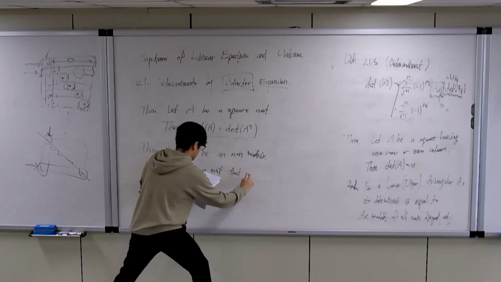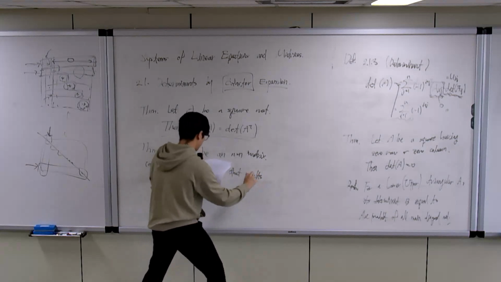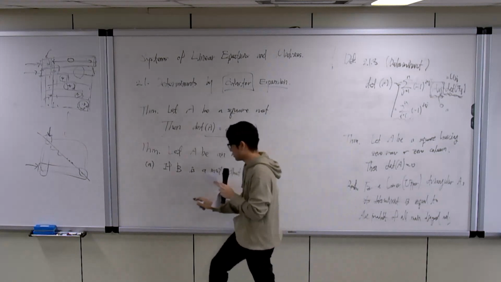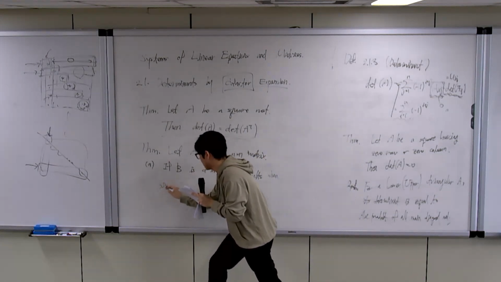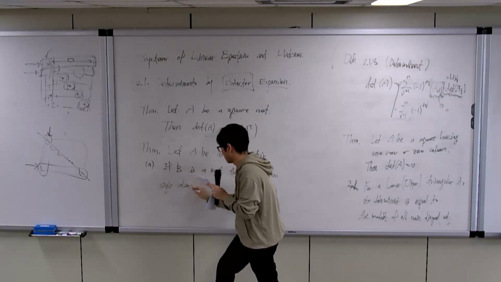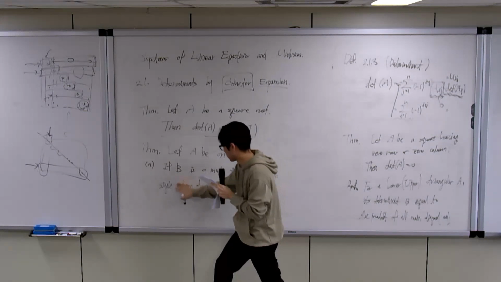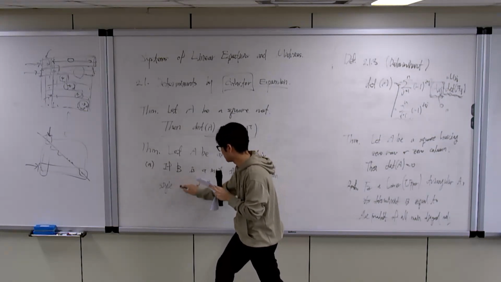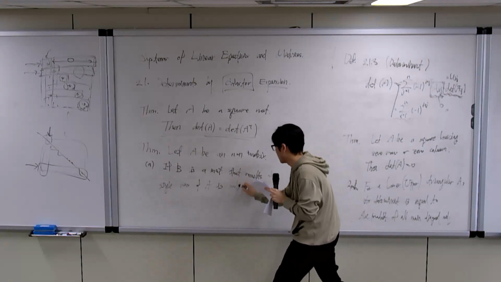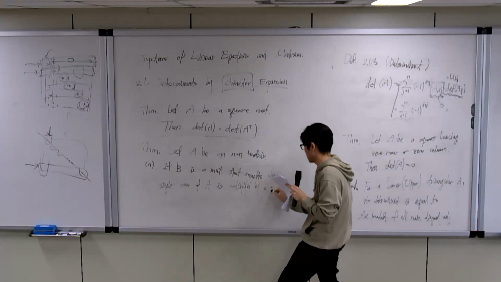Let B be the result when a single row of A is multiplied by a scalar k.